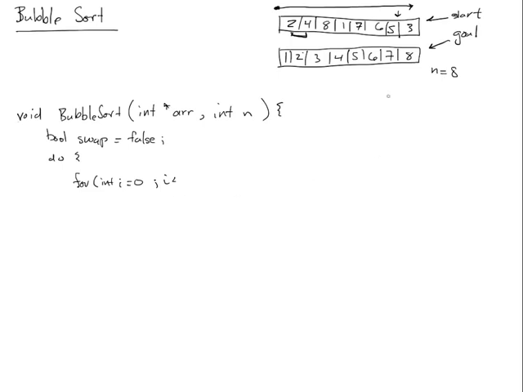However, we also know that we are going to be comparing this value with this value. So basically, we're going to be comparing i and i plus 1. Well, we do not want to overstep the bounds of our array. So what we're actually going to do is while i is less than n minus 1.